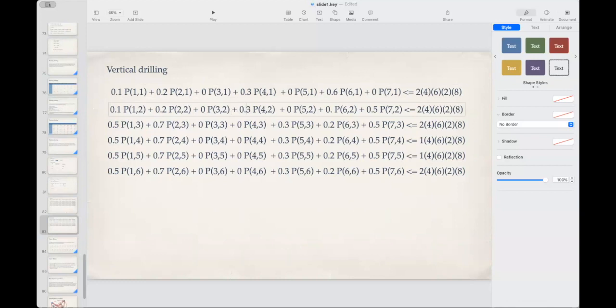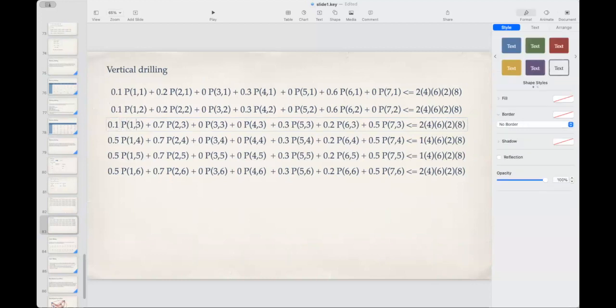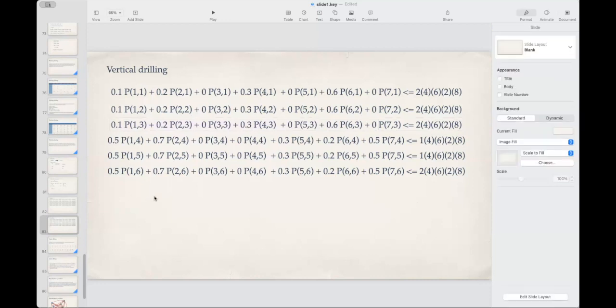Could you check that it's correct? This one 0, right? Yeah, right? 0.1, 0.2, this. 0.3, and then 0. 0.6 is 0. Yes.